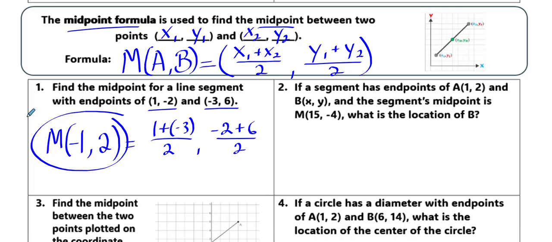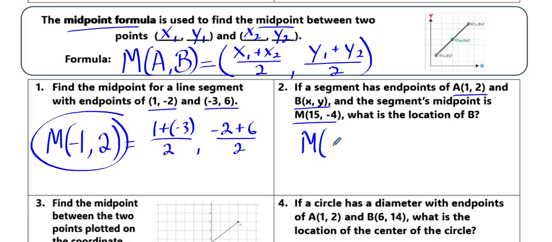All right, if a segment has endpoints of A and B, they're not telling us the endpoint, and the segment's midpoint is 15, -4, what's the location of B? So now we know the midpoint, we don't know one of the endpoints.